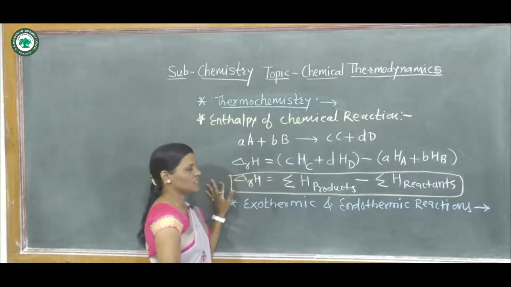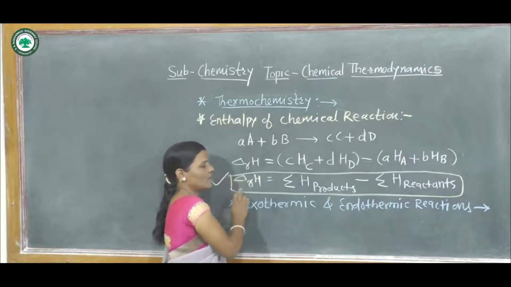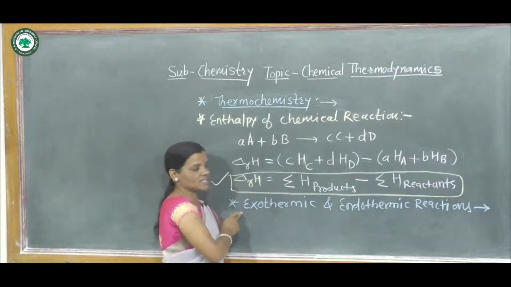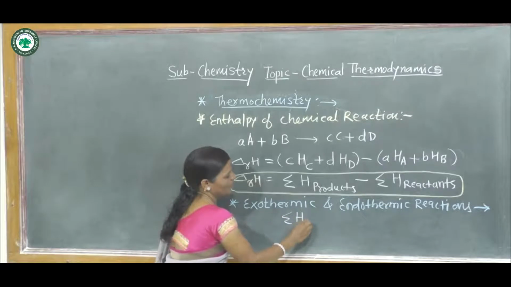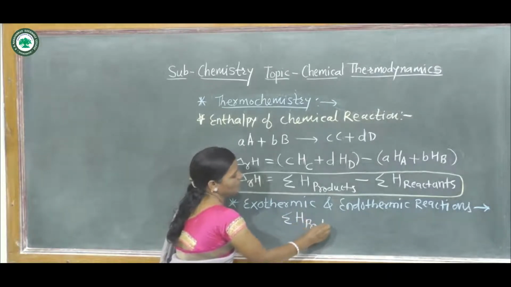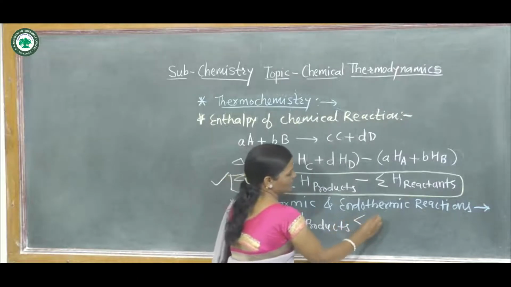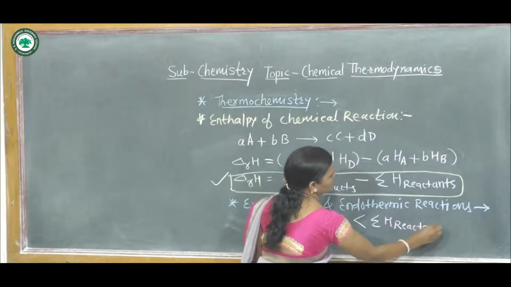And from this equation we can say that if ΔrH is negative, then the reaction is exothermic, and that is possible when the summation of enthalpies of products is less than the summation of enthalpies of reactants.